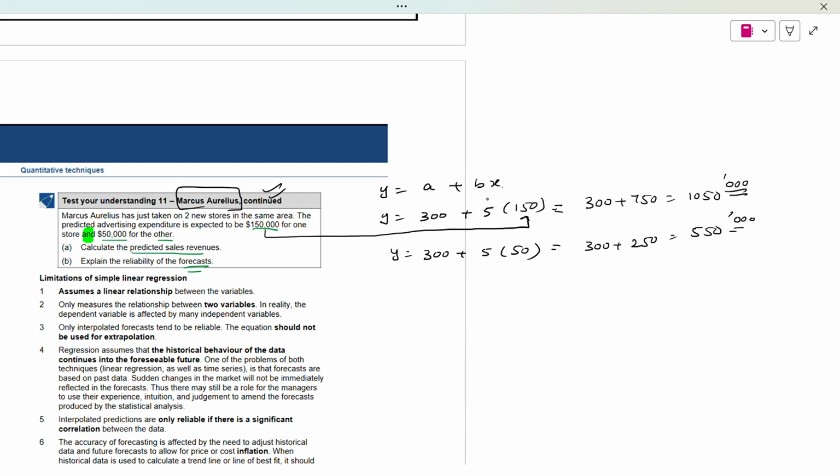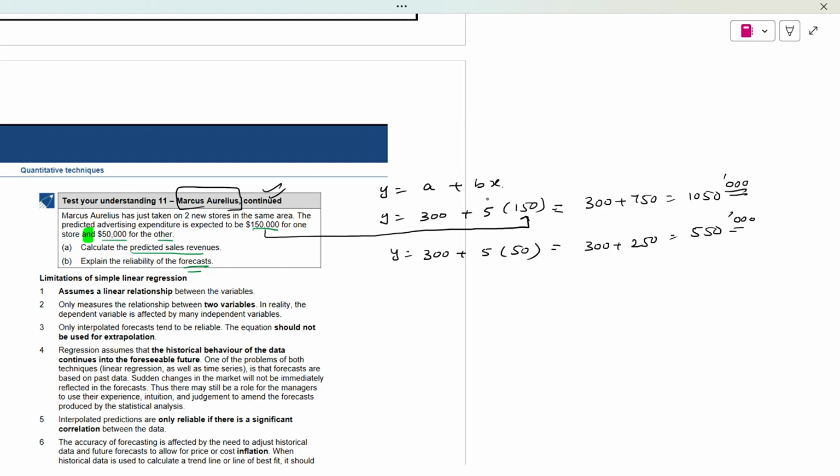You are doing it for each store, right? Yes, for each store. For one store it is 150, and for another store it is 50.